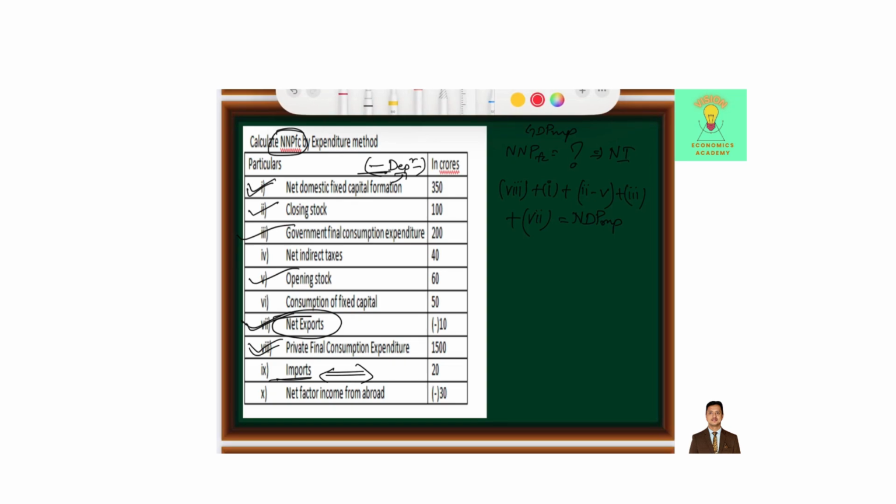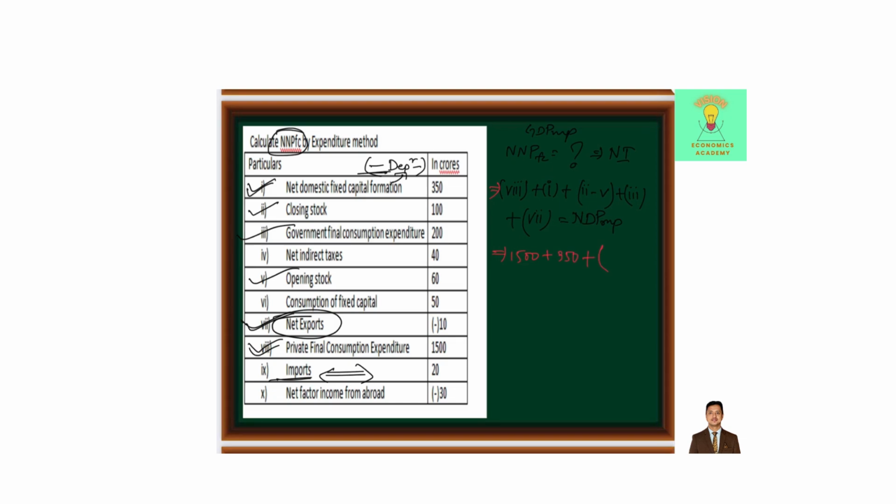Now let us put the values: 1500 plus 350 plus, within the bracket, closing stock is 100 minus opening stock is 60, all right, plus government consumption 200, plus net exports minus 10.